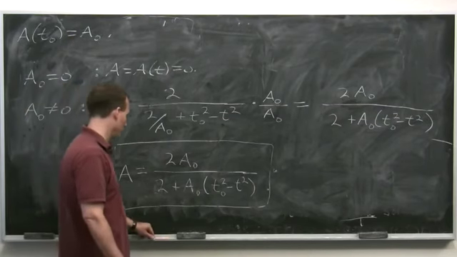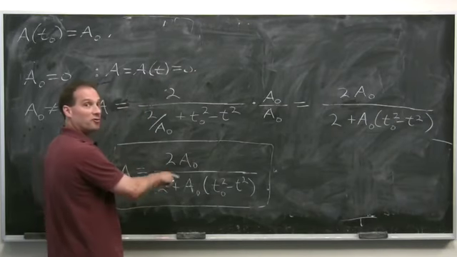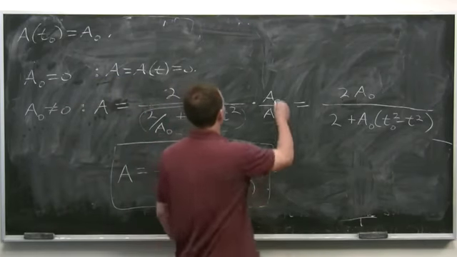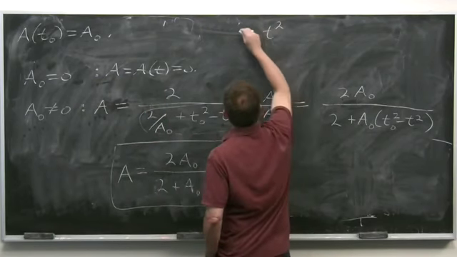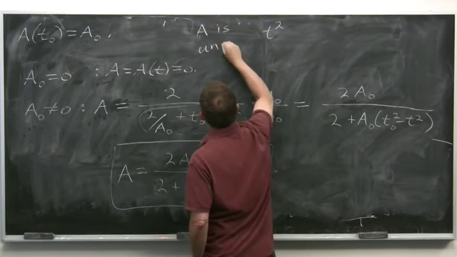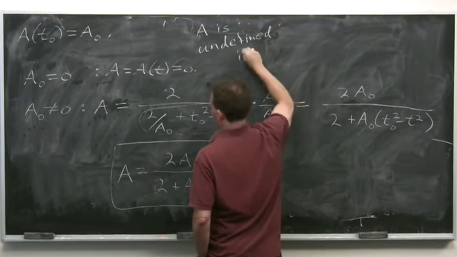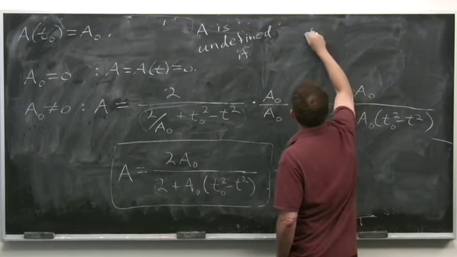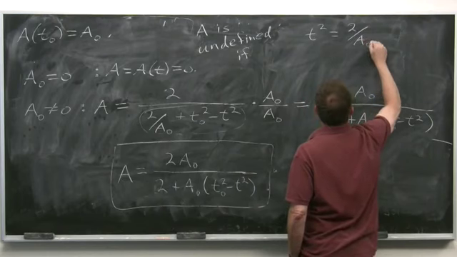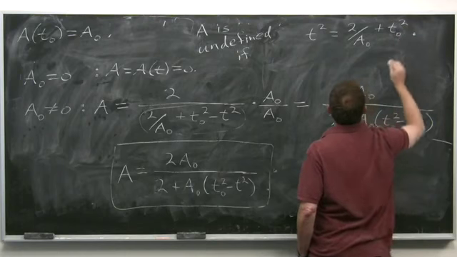If you look at it before we beautified it, in this form, the denominator would hit 0, we have a problem, so A is undefined, if t squared equals 2 over A0 plus T0 squared.